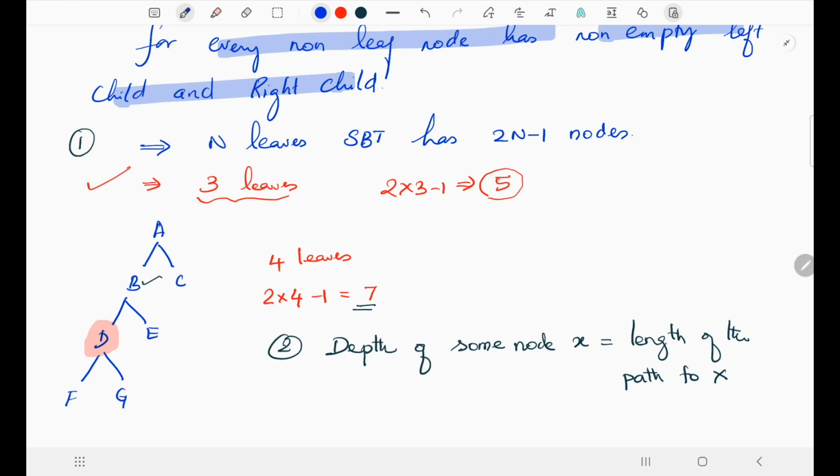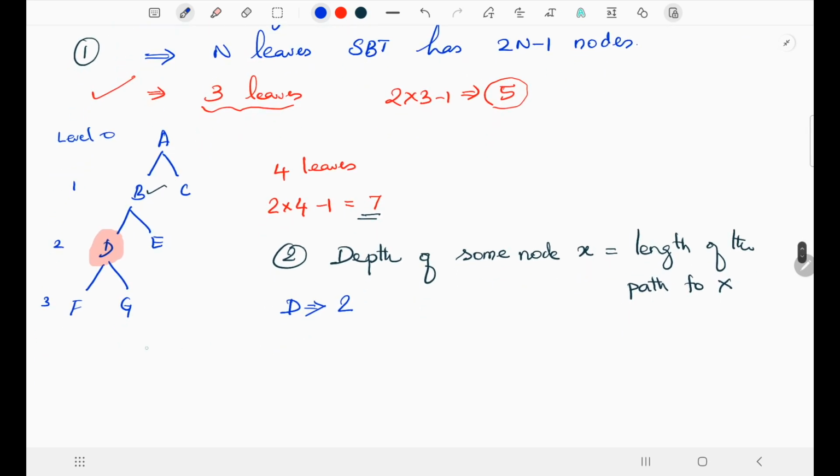Depth of D equals, this is level 0, level 1, level 2, level 3. So for D, the depth is the length 0, 1 and 2. So the depth is 2.